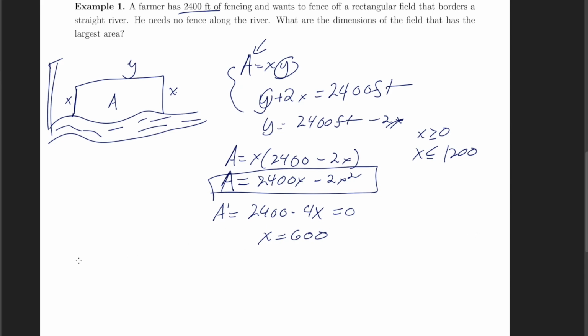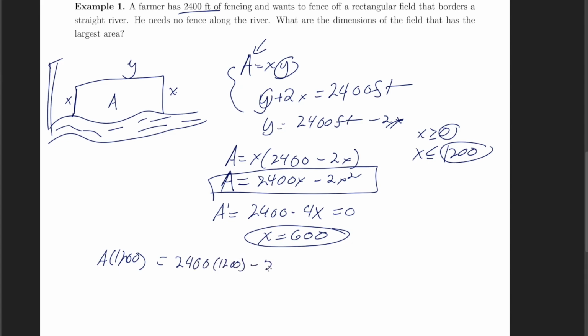So let's test all our points now. Here's a critical point, and we also want to test our endpoints. Our endpoints in this case can be 0 and 1,200. So let's just test it real quick. If I plug in 1,200 for my x, the area as a function of x is 240 times 1,200 minus 2 times 1,200 squared.